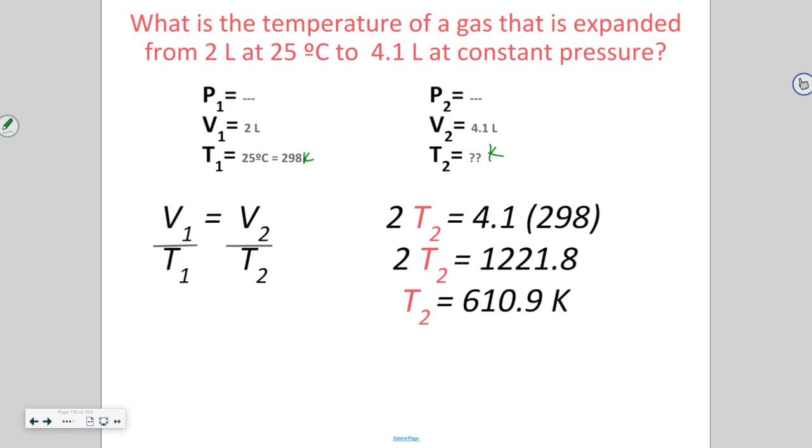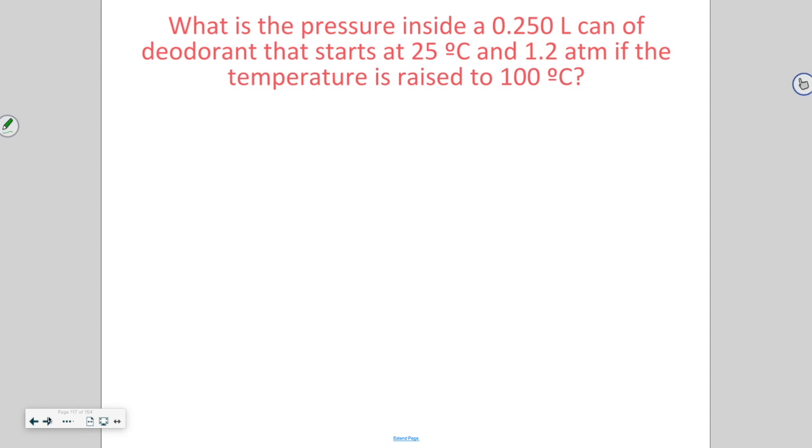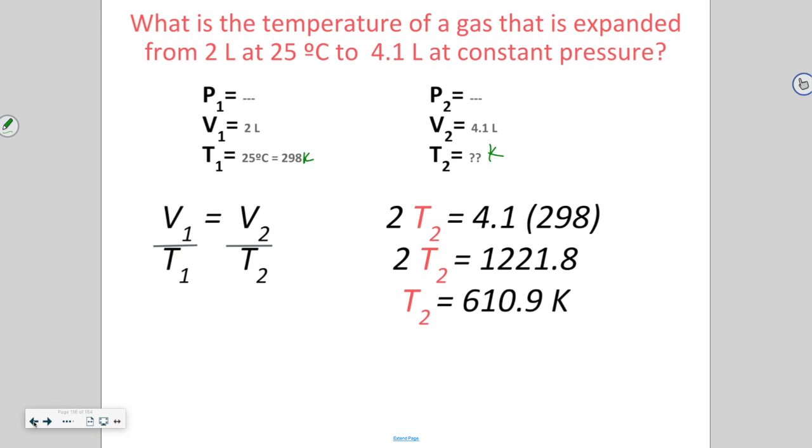And let's take a look at one last example here.